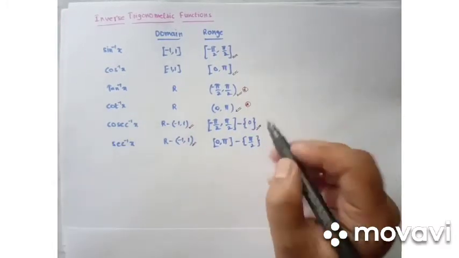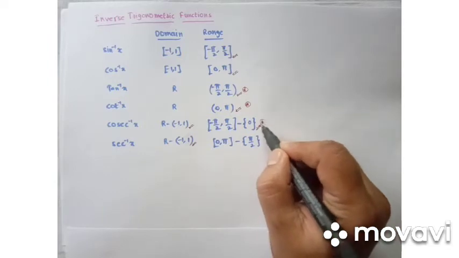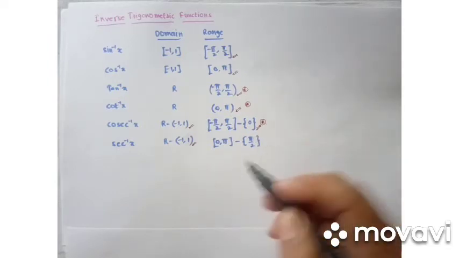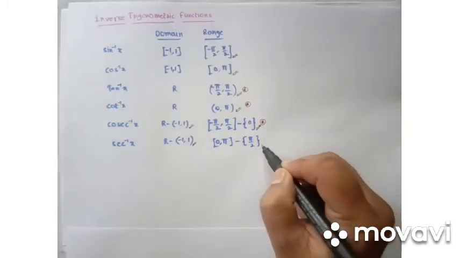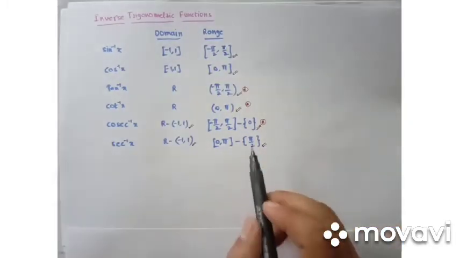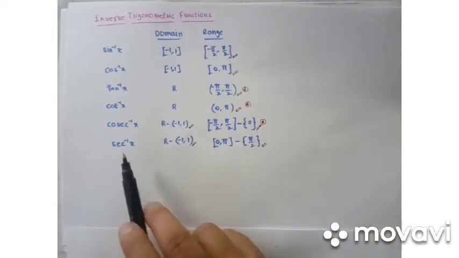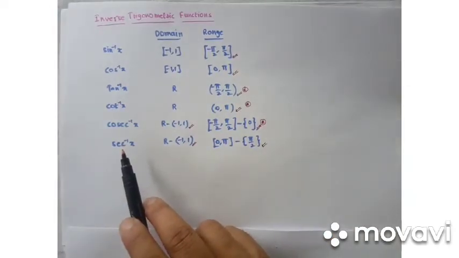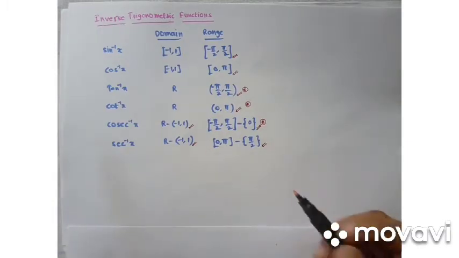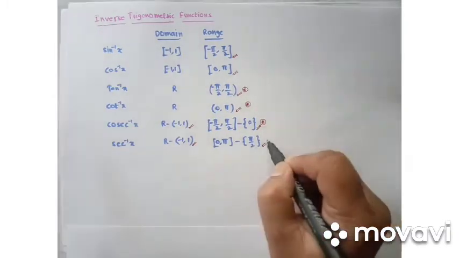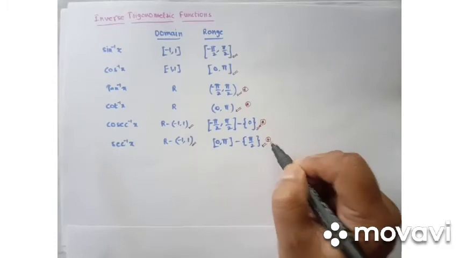So please try to understand this point, subtracting 0. And from 0 to pi closed interval, subtracting pi by 2, because at pi by 2 this particular secant, 1 by cos, is not defined. So that's why we are subtracting the pi by 2.